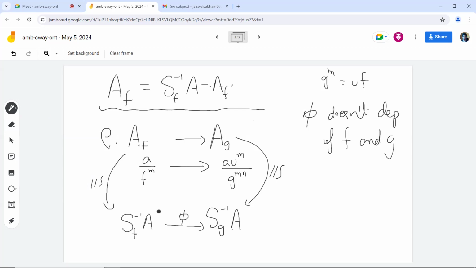So how will this map turn out to be? What is this isomorphism from AF to SF, which I was trying to avoid? Now we have to write that.